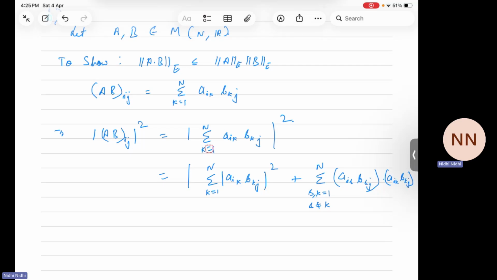That's just the expansion, and then we have the modulus squared.